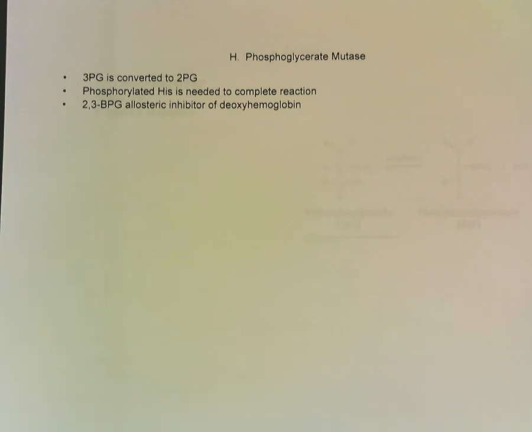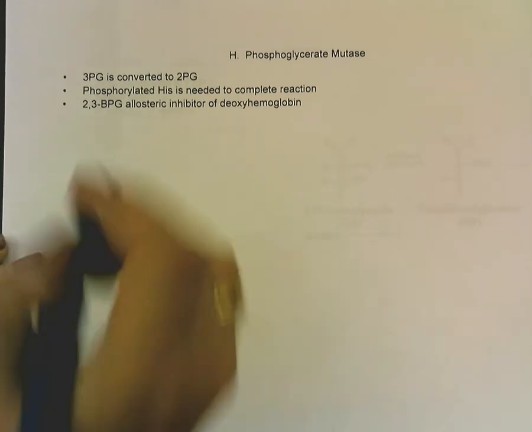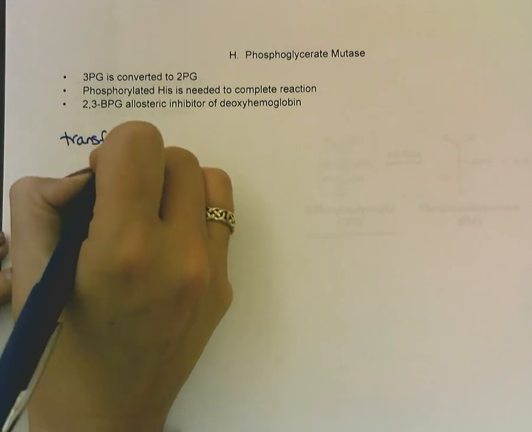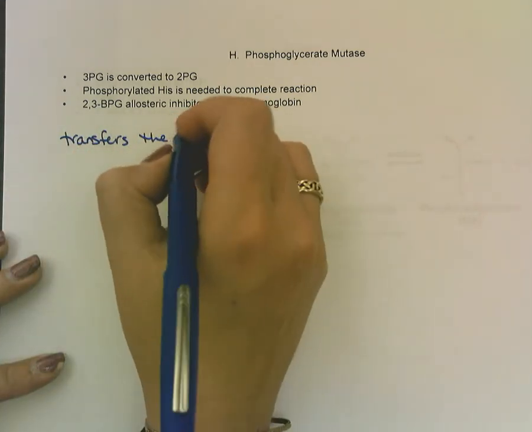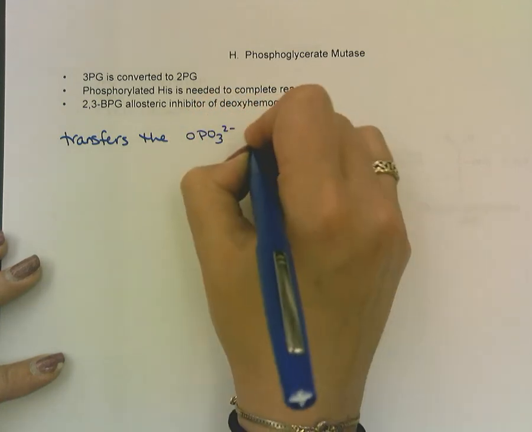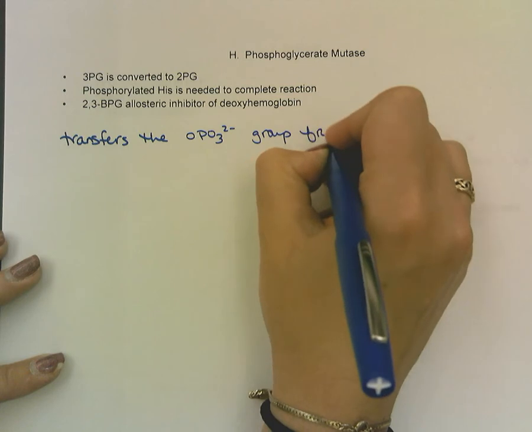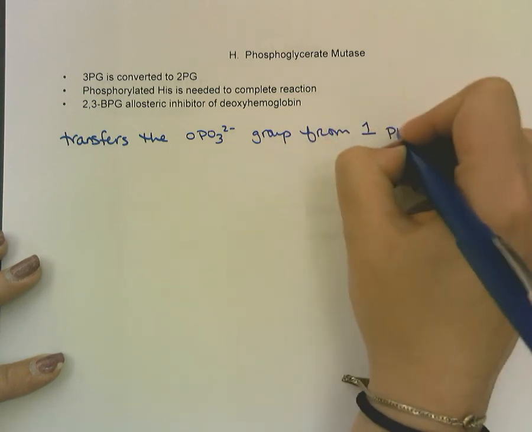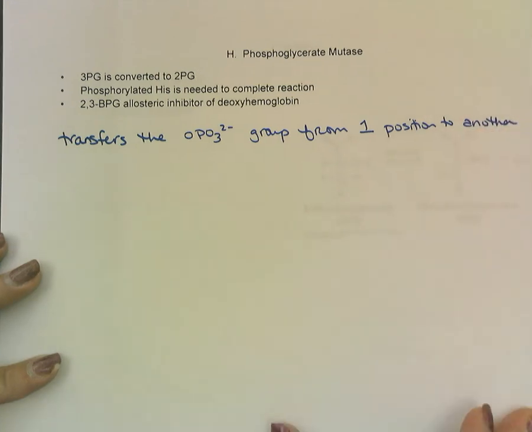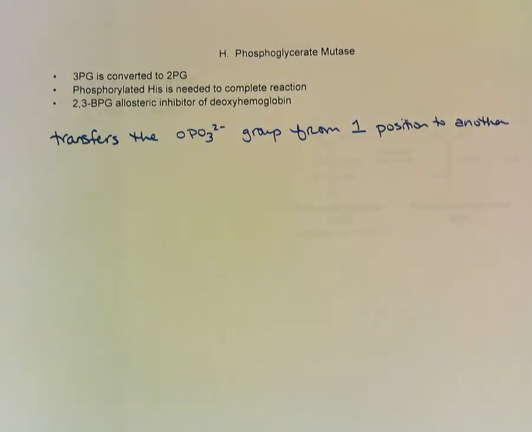There are very few mechanisms that I'm showing. This one I am, because it's really easy. All right, so how this works is that we're going to transfer the phosphoryl group from one position to another. In order to do that, we have to have a phosphorylated histidine in the active site.